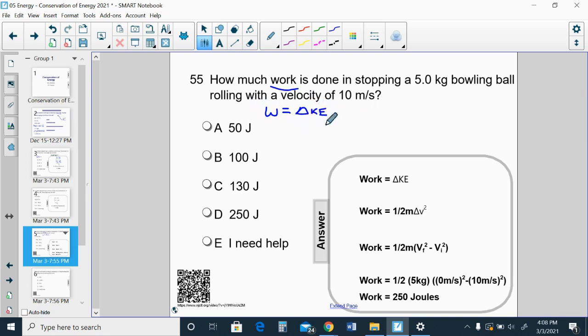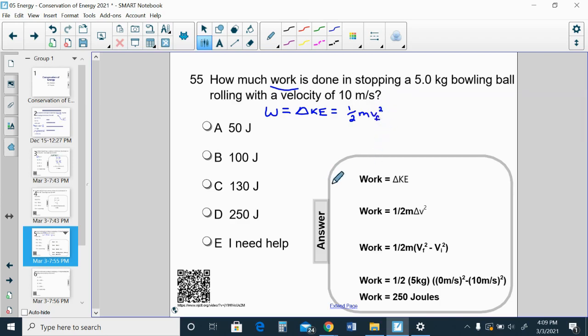Now, if we write that out, I'll put it over here. So kinetic energy is half mv squared, and we'll call this the final velocity.